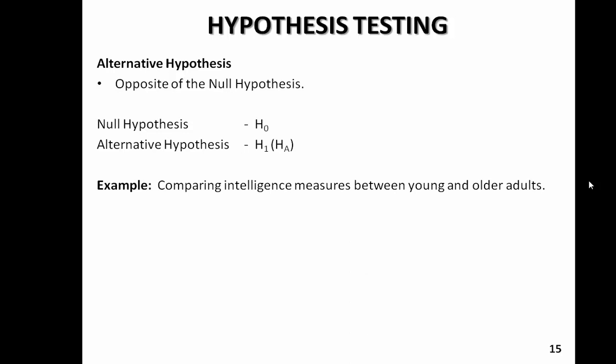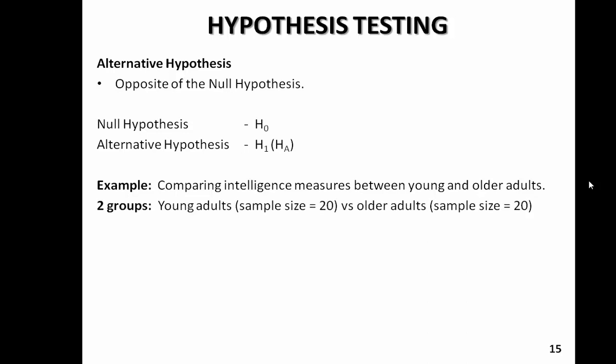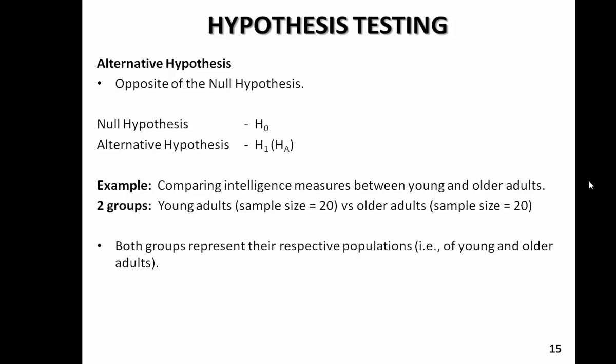In this example, the interest is comparing intelligence scores between young and older adults. To carry out this study, a sample of 20 young adults will be measured for intellect, a measure of intelligence, and a sample of 20 older adults will be assessed the exact same way.